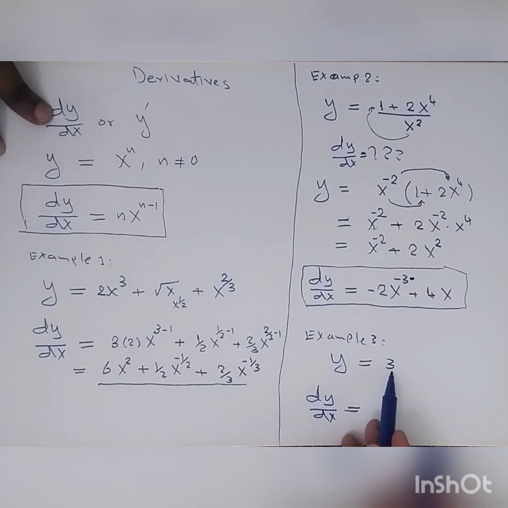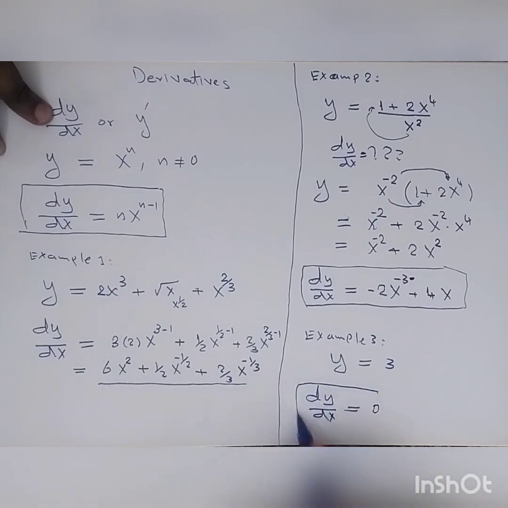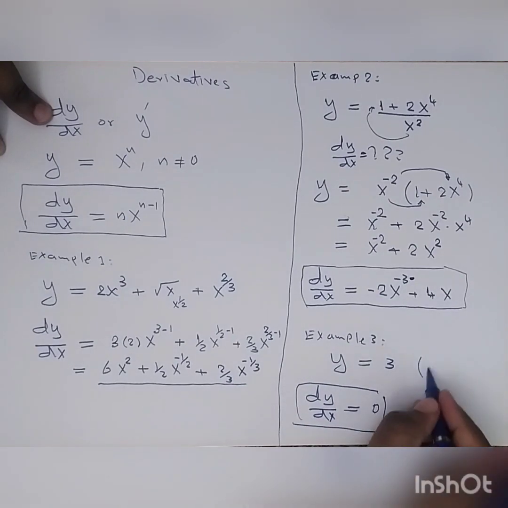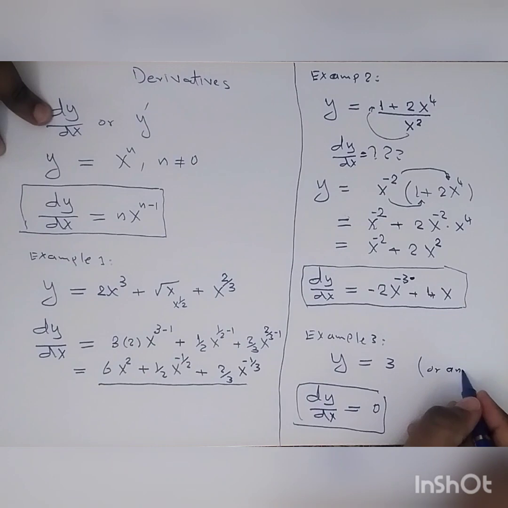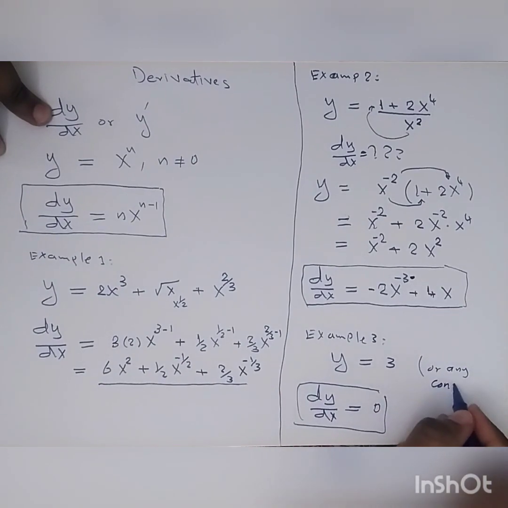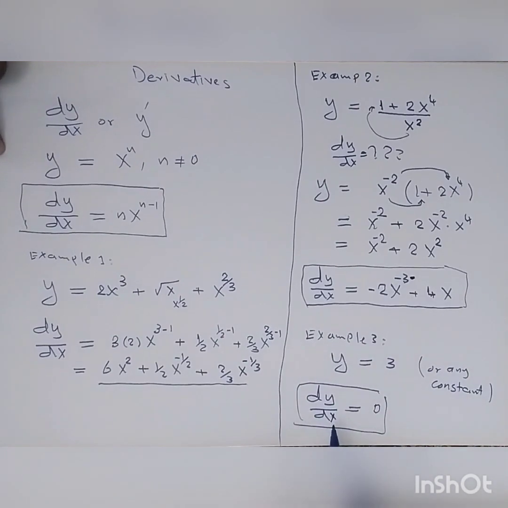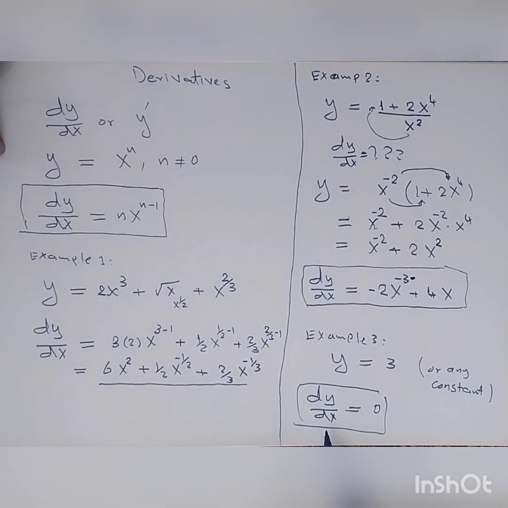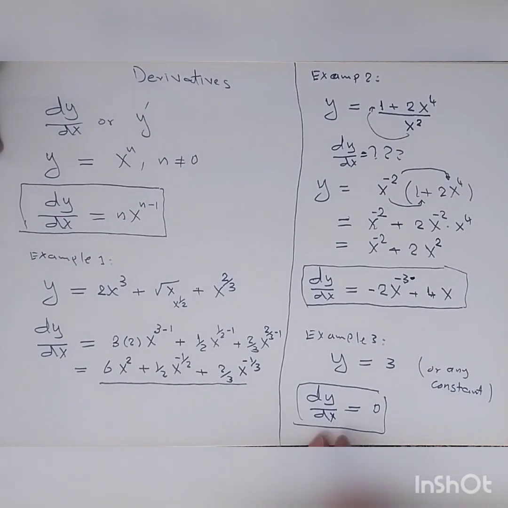Here we only have 3, so this is directly equal to 0. That means any constant has derivative 0, and we showed this in the previous lessons using the limits. So you can also show this using the limits.